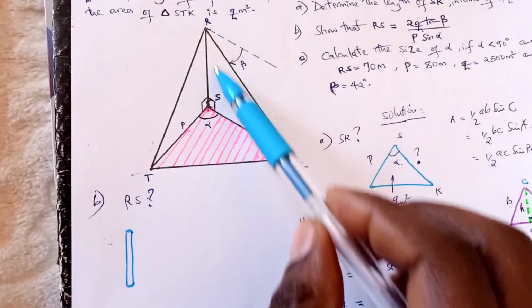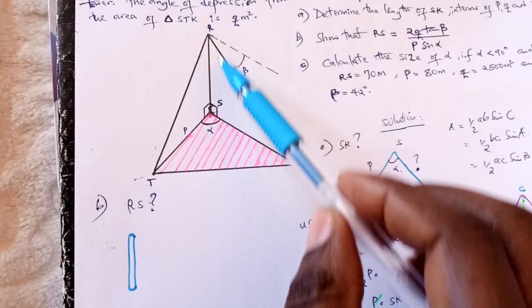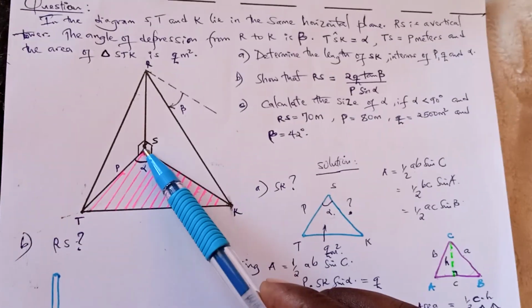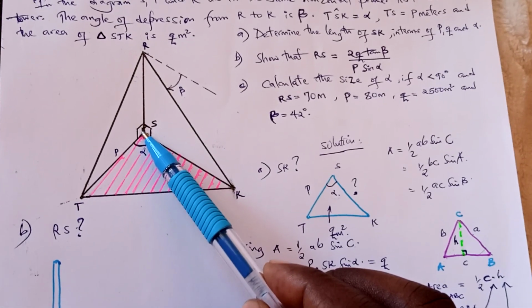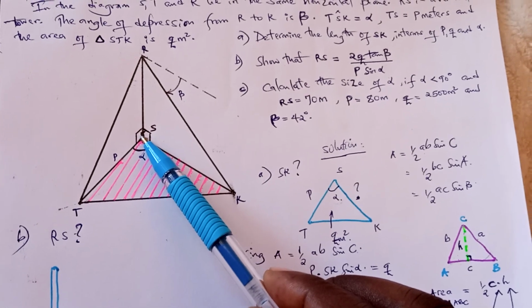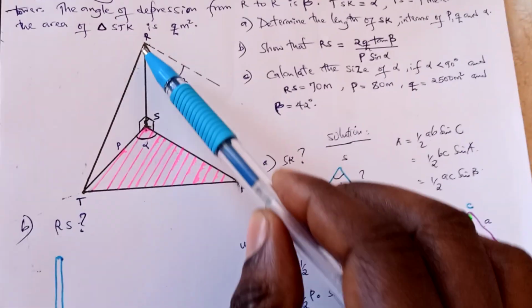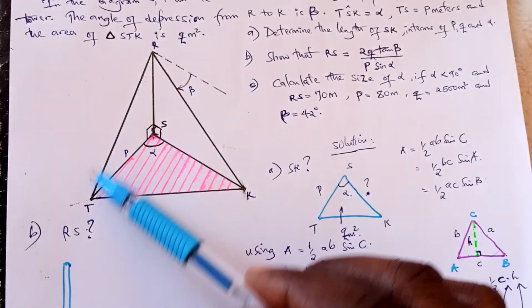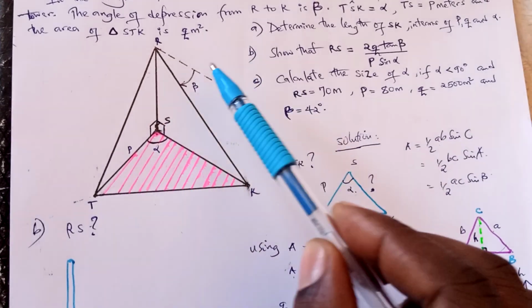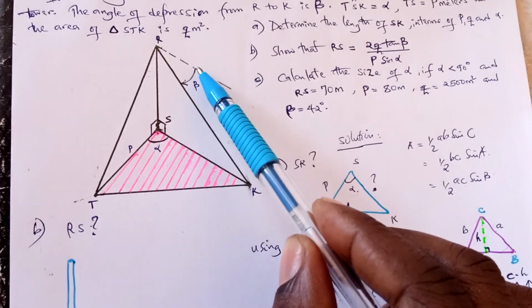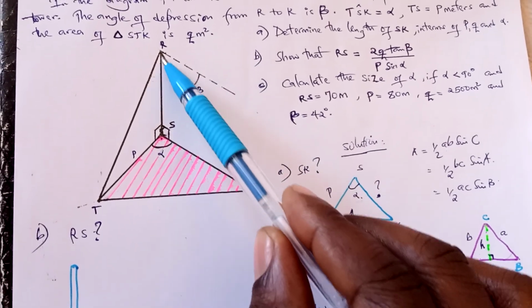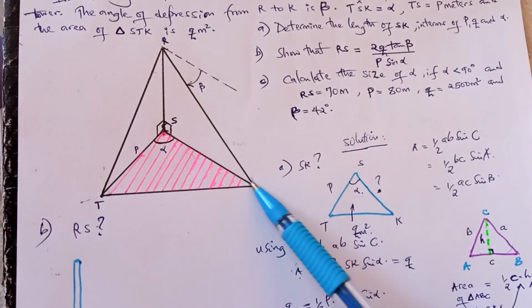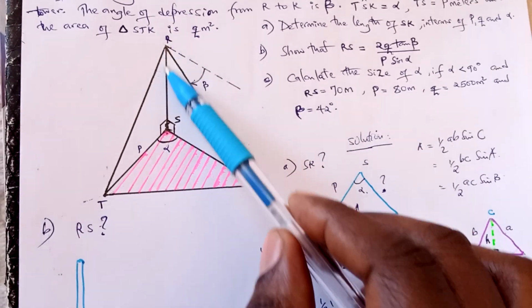We are sketching this triangle, because we can't use this one. Why not? Because this is the triangle which has most of the known elements.